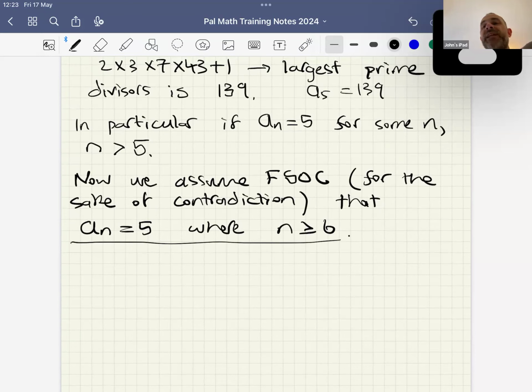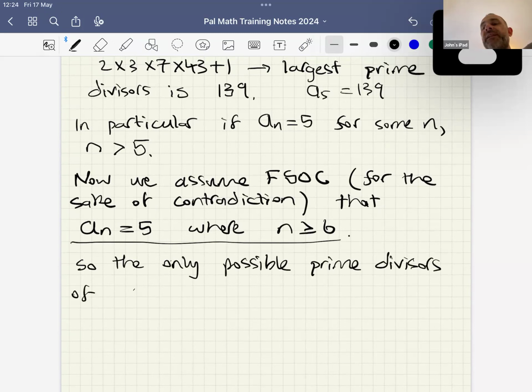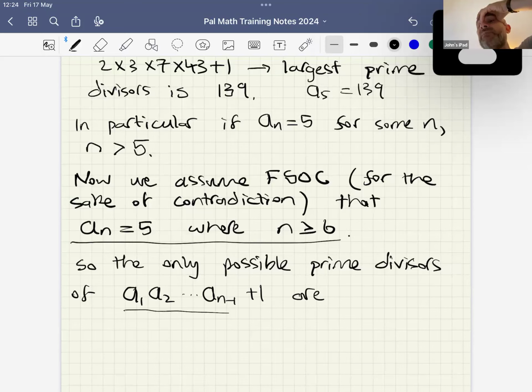Okay, so what does that mean? The only possible prime divisors of A1 times A2 down to A(n-1) plus 1 have to be less than or equal to 5, because we're assuming AN is 5, which means that 5 is the largest prime divisor of this number here.